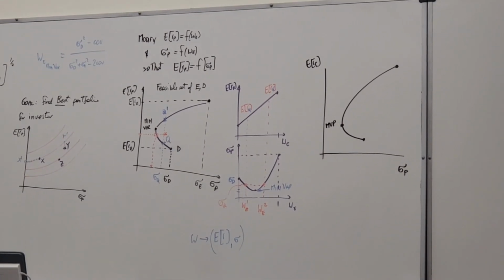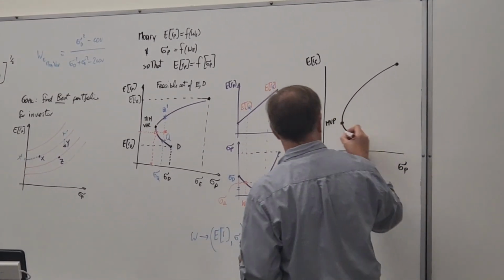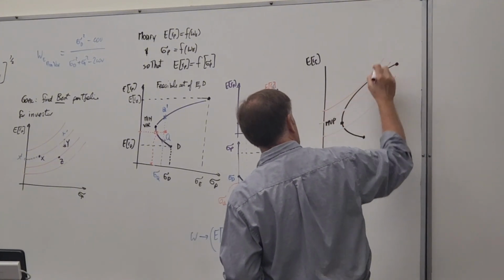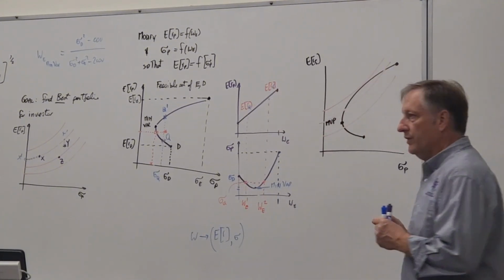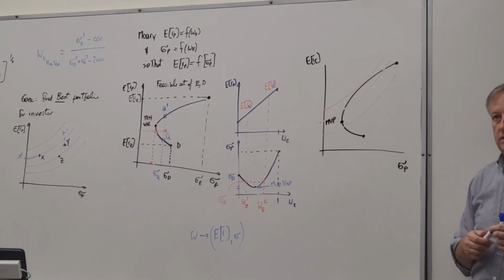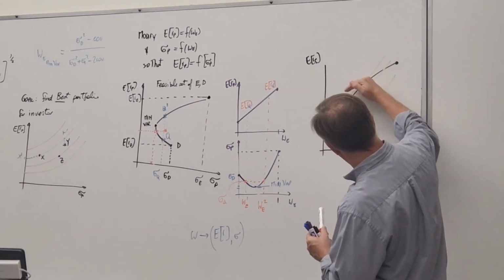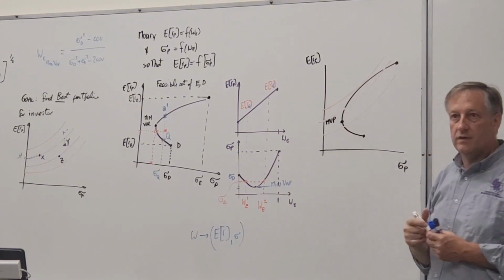Now we take the investor preferences, and the investor will have those indifference curves here. And for this particular guy, which portfolio is best? The one that touches the very end. Is the one that is associated with the highest indifference curve.